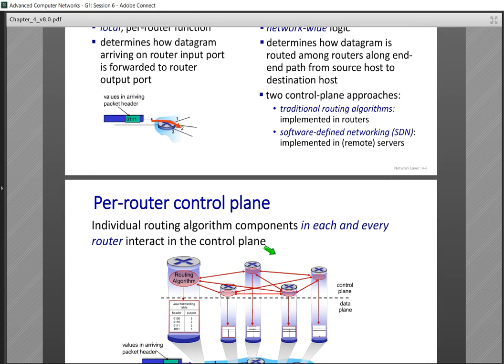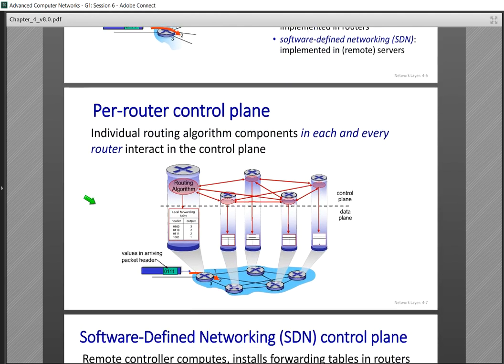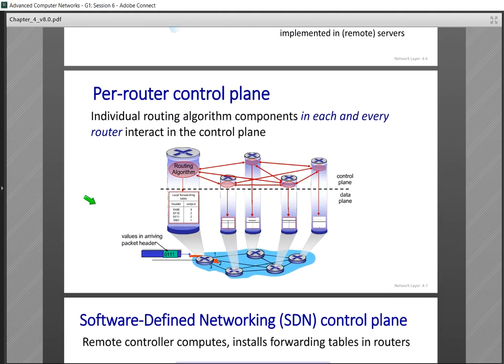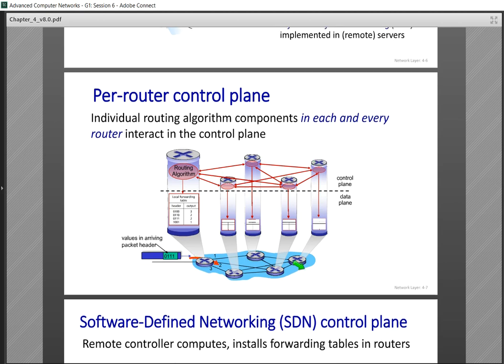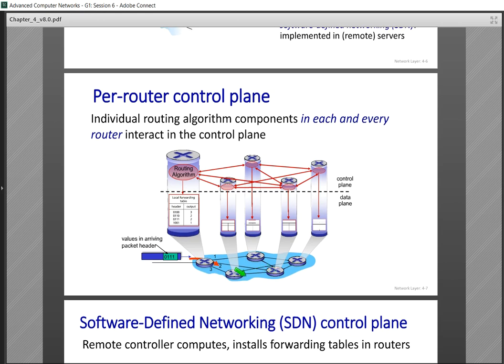We will talk about SDN in the future. But now we can say that in traditional algorithms, each router will run a routing algorithm. We have several routers in the network, and each of them is running a routing algorithm.